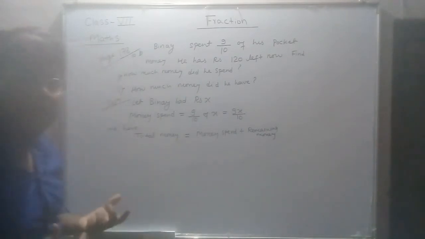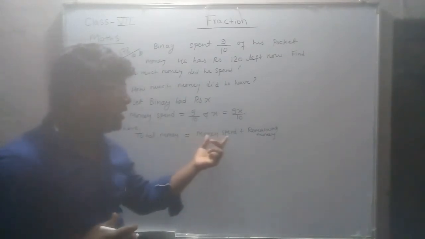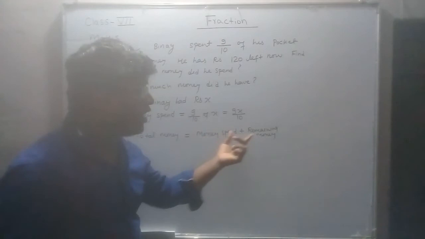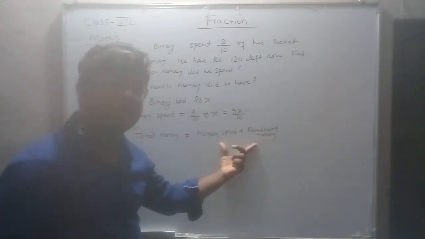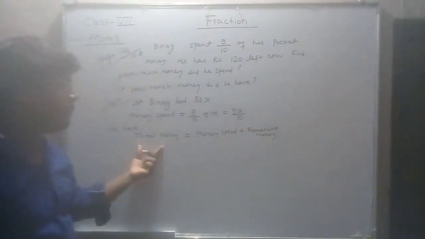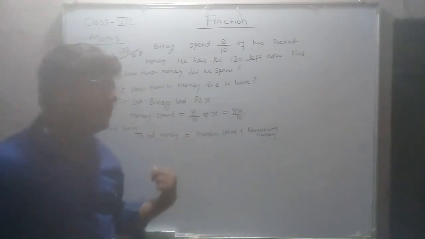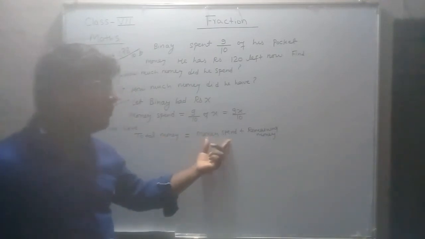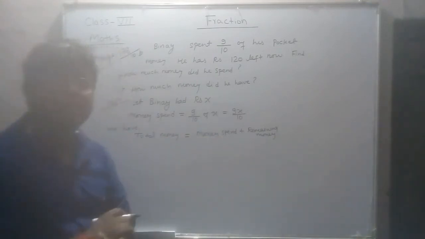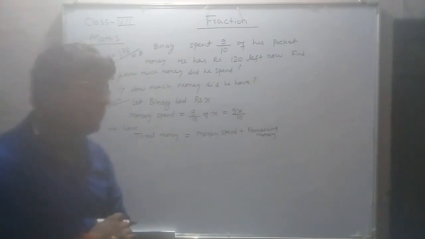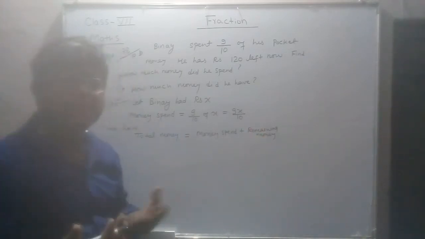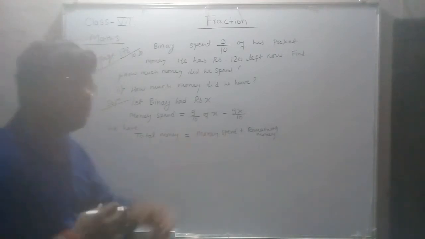So the total money he had is equal to the spent money plus the remaining. If you add both, you will get the total money. You can make it a formula by your choice, like the money spent is equal to total money minus left money, or the remaining money. Like that you can make your own formulas.